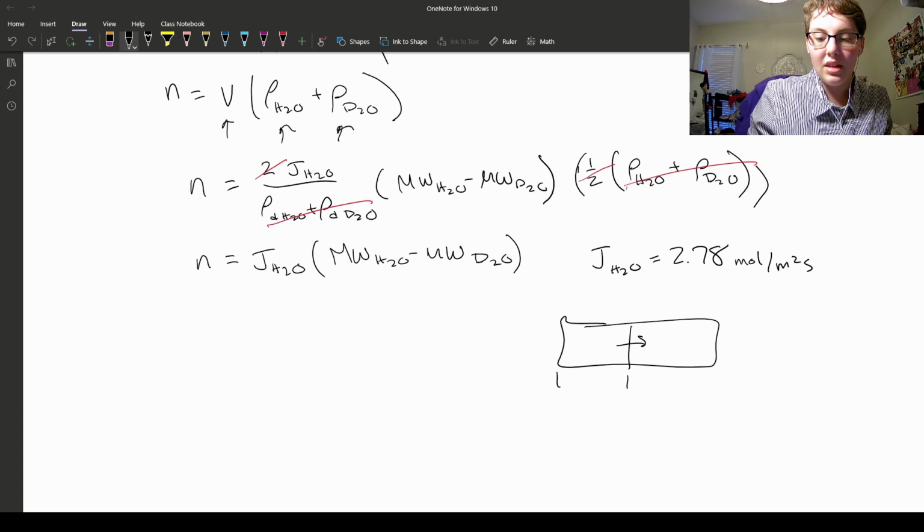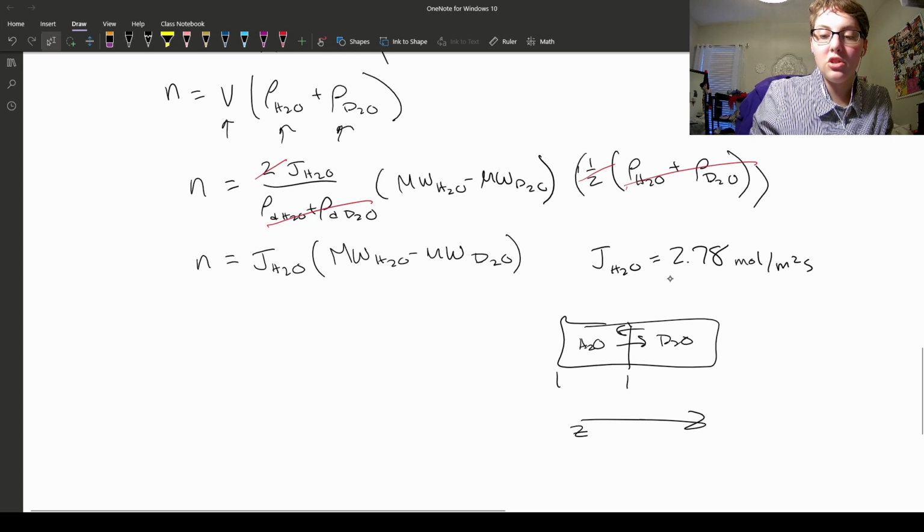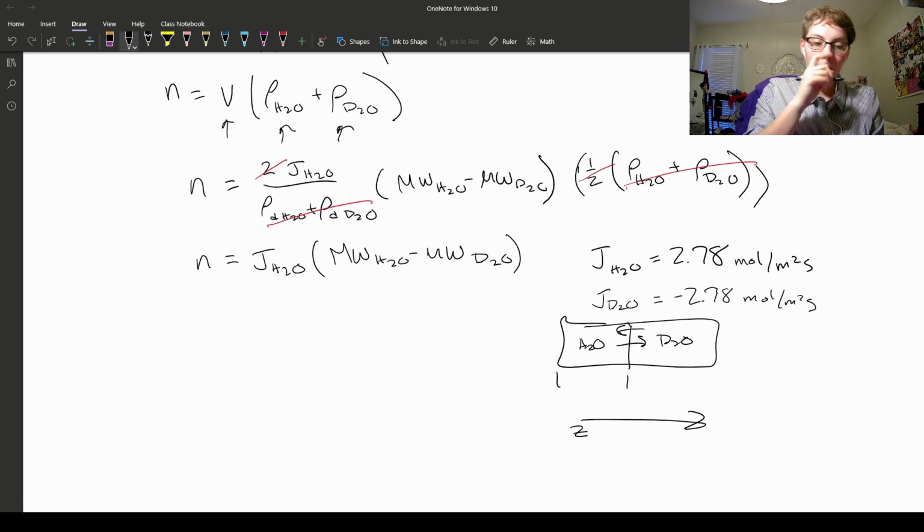So those will be moving in the positive direction if we define this direction as Z. If we define this as the Z direction, the water molecules will be moving to the right in the positive Z direction, while the D2O molecules will be moving in the negative Z direction. So the molar diffusive flux of H2O is positive, and the molar diffusive flux of D2O, if we had used that instead, would have been negative 2.78 moles per meter squared seconds.